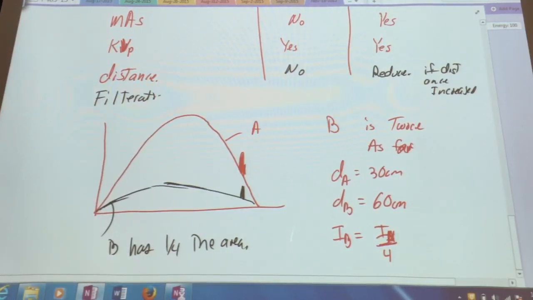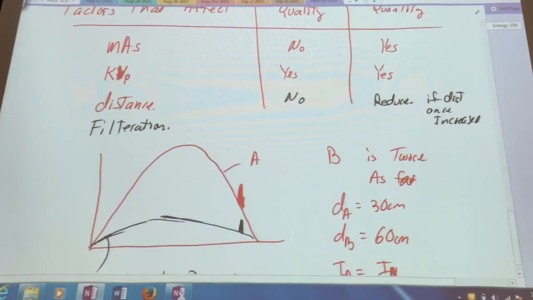Yes, your quantity reduces if you increase your distance. And what does filtration do for quantity and quality? Increase quality and decrease quantity.